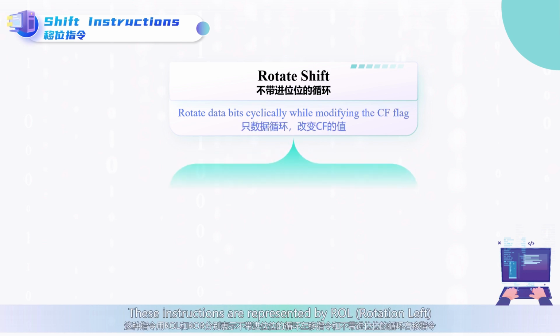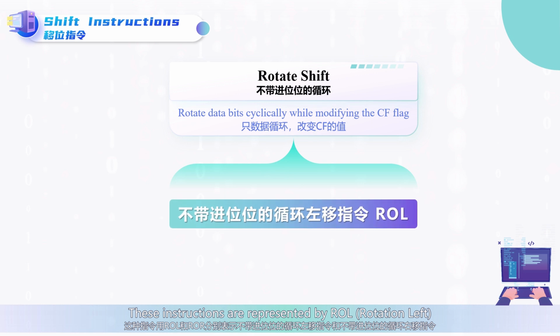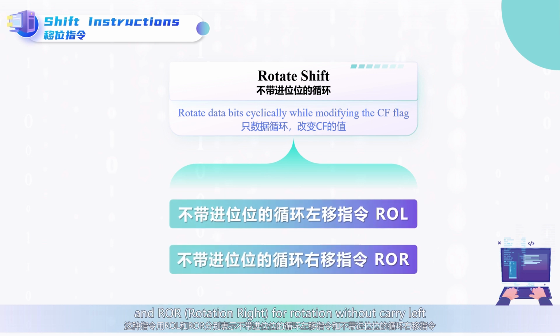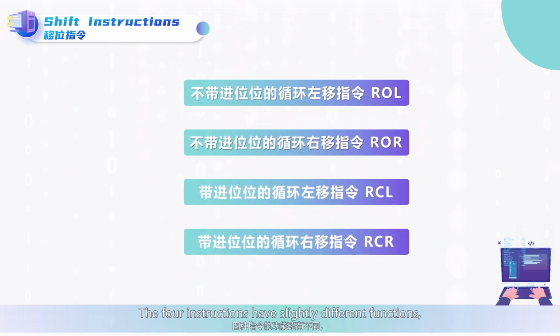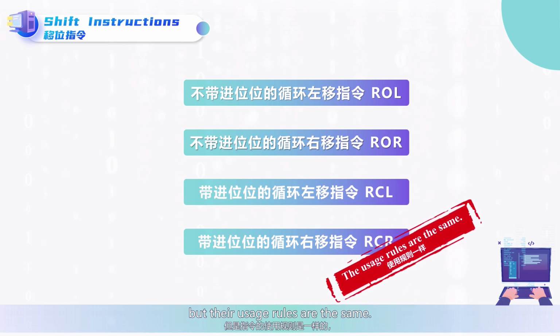These instructions are represented by ROL, rotation left, and ROR, rotation right. The 4 instructions have slightly different functions, but their usage rules are the same.